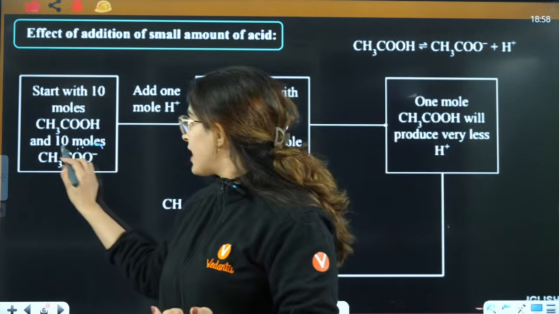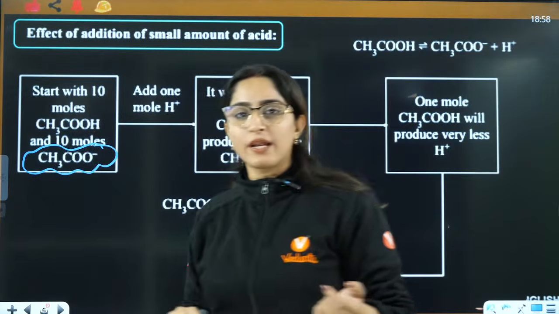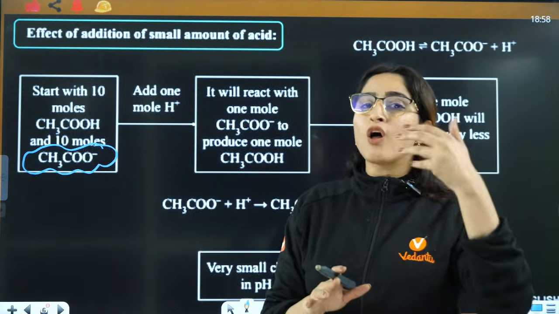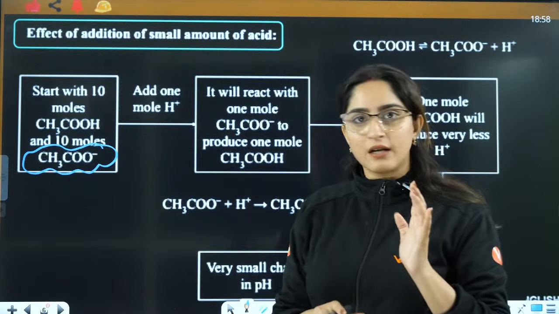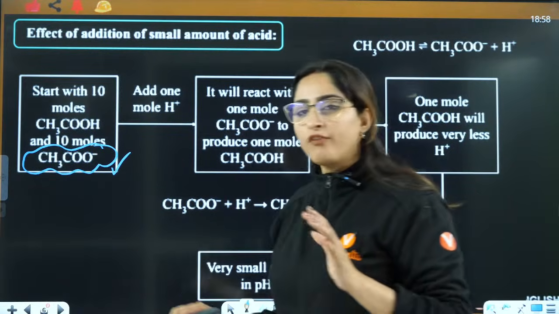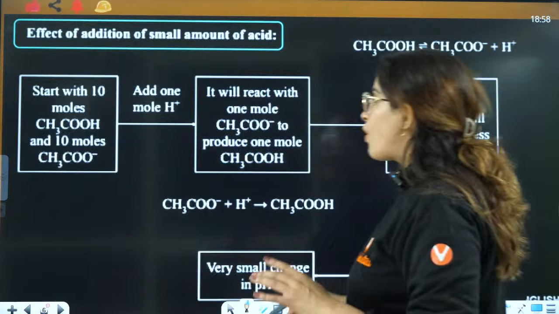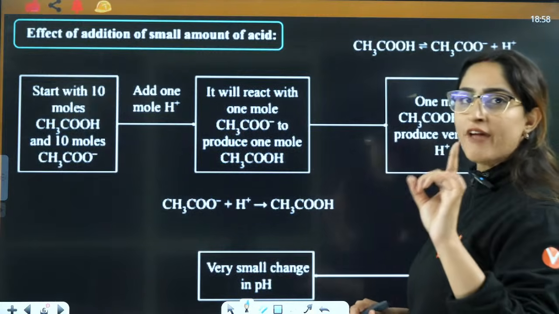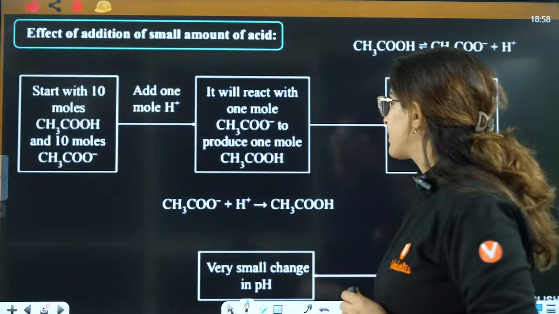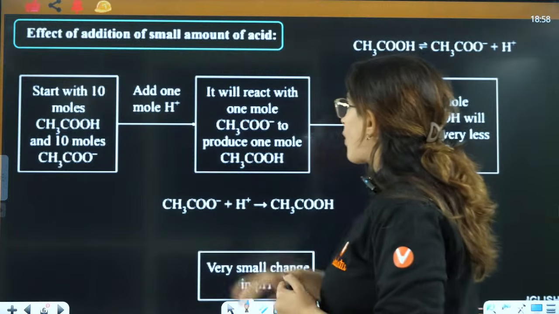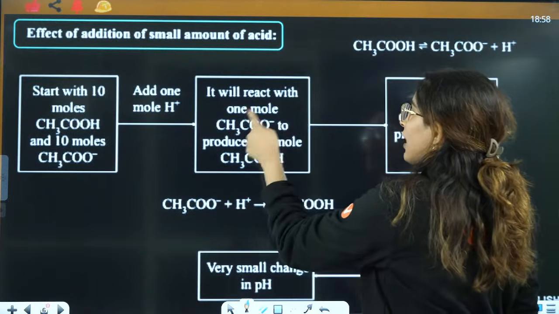Why have we written it like CH3COO negative? Because a salt will always dissociate 100%, right? So we can write it in the form of anion as well, which is a common ion. Now we are adding 1 mole of H positive in this case, right? When you add H positive, it will react with 1 mole of this.